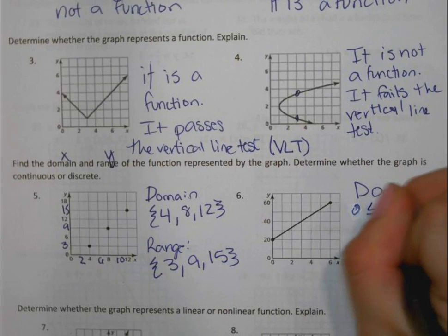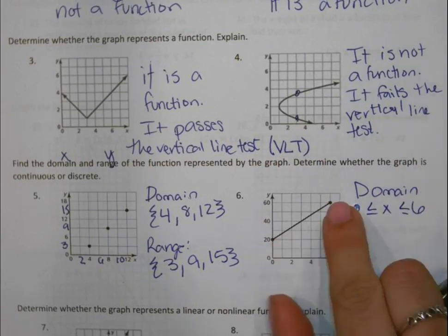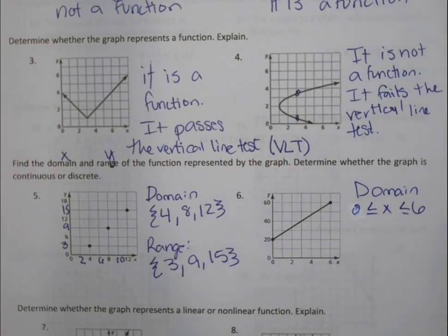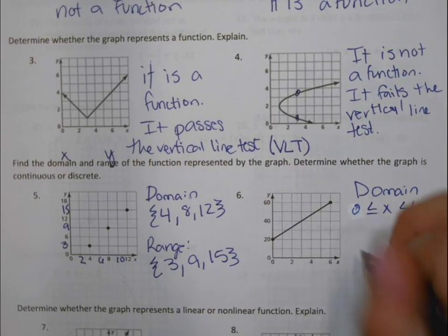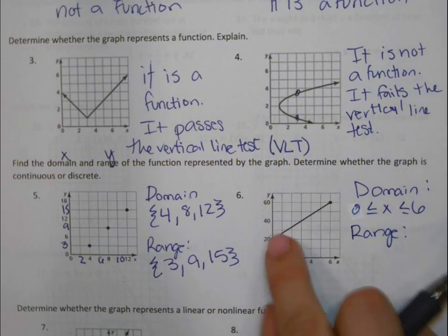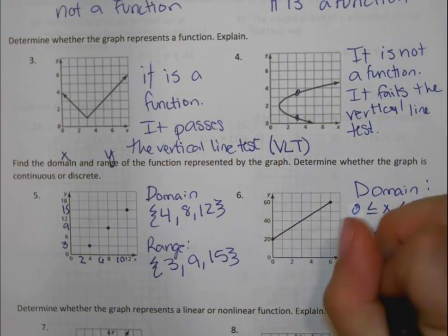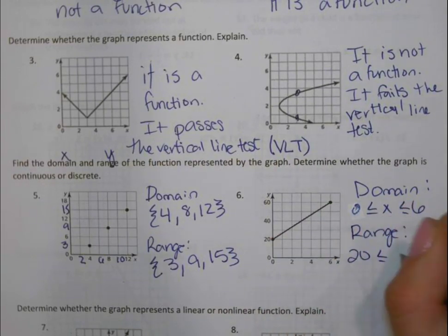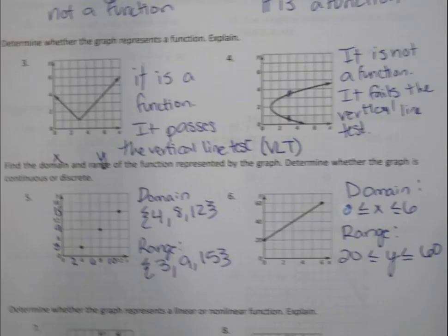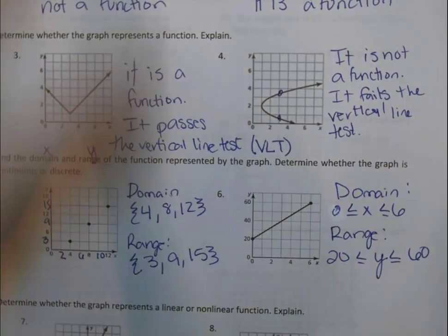It's going to be less than or equal to on both of them because it's got solid dots between the lines. My range is going to follow a similar pattern. It starts at 20, goes up to 60, and then it's less than or equal to because it's got solid circles. And I wrote y because remember range is y.